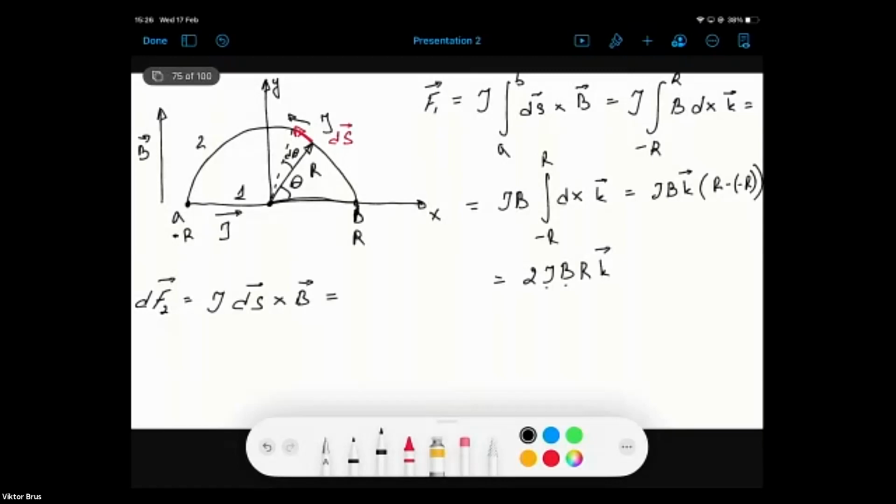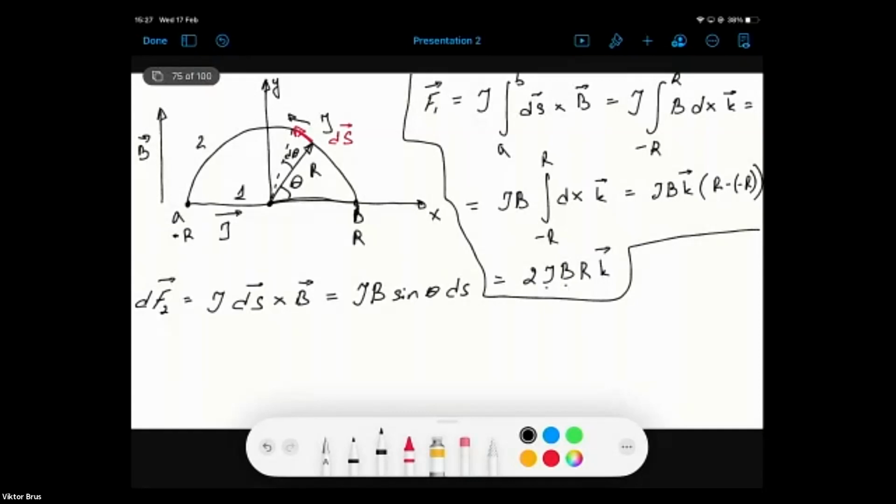And this will be I times B times sine theta times ds, and now we need to define the direction.